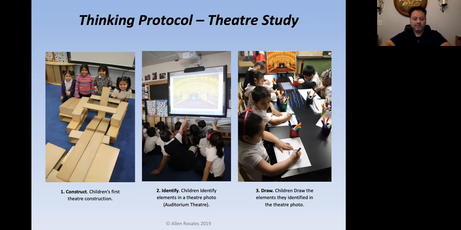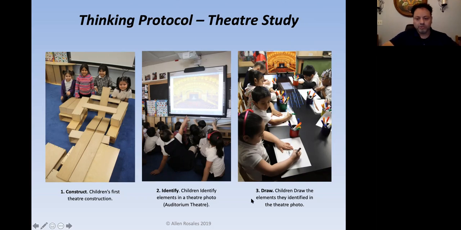And so the children identified elements in the theater. When you look at this photo, it's full of math, right? Besides it being gorgeous, it's full of patterns. It's full of rows and shapes and lighting. So it's such a beautiful illustration or photo.